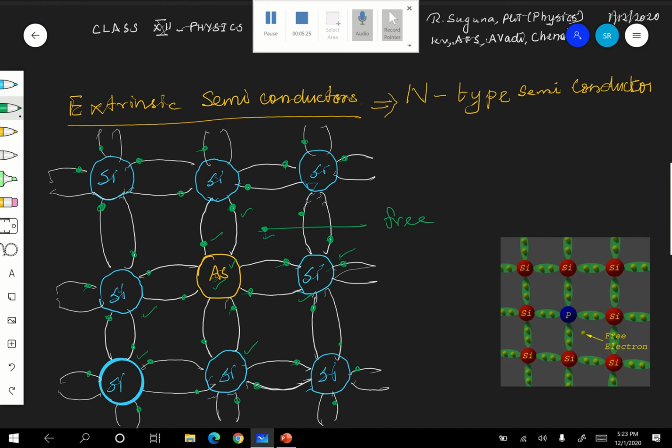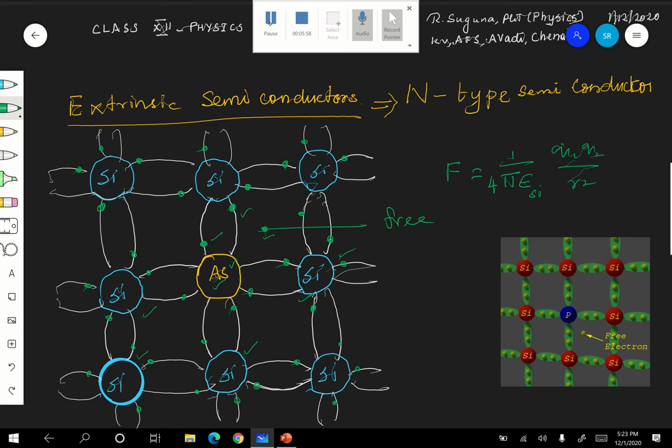What is the reason for that weak binding? The Coulombic force of attraction is 1 by 4 pi epsilon, where epsilon is the permittivity of silicon, times Q1 Q2 by R squared.